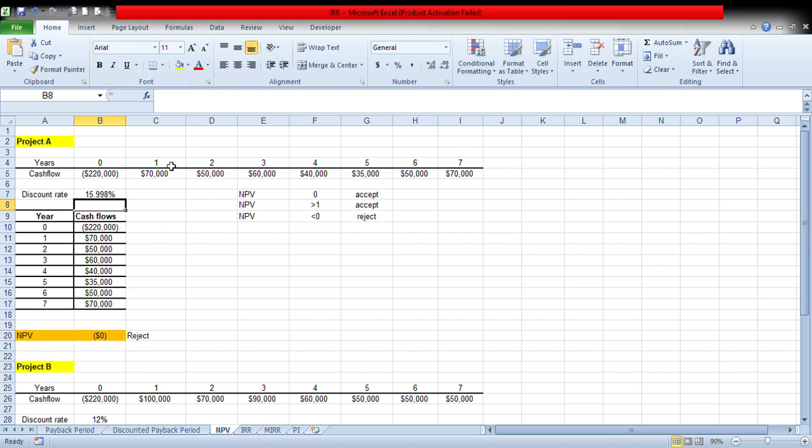So you can see, understand, you will see the NPV is near to 0 if your discount rate is 15.9981. Understand?